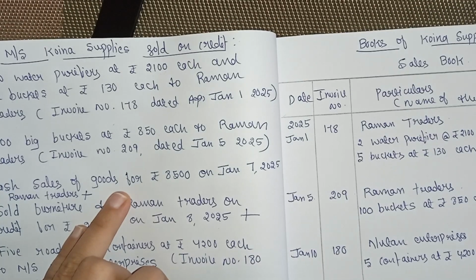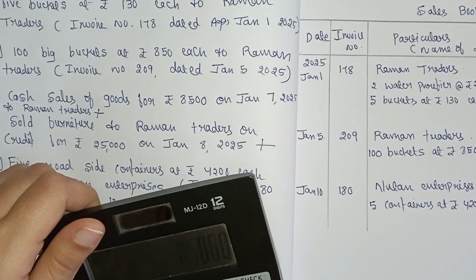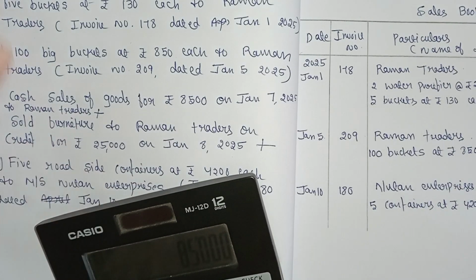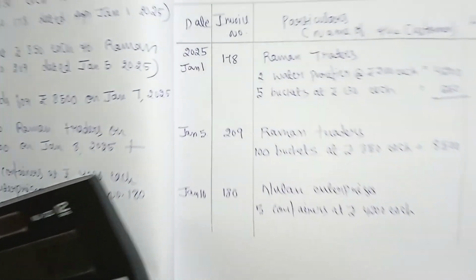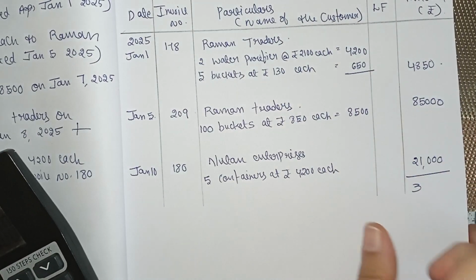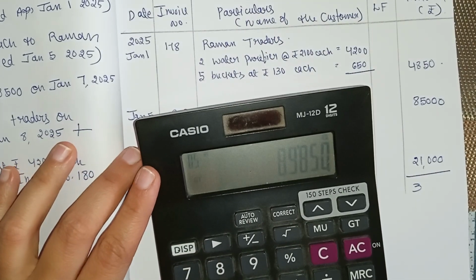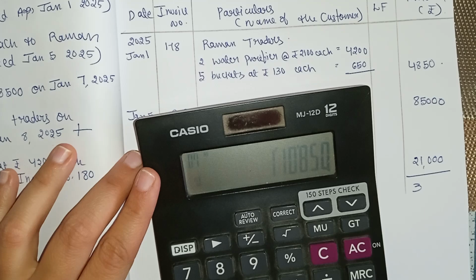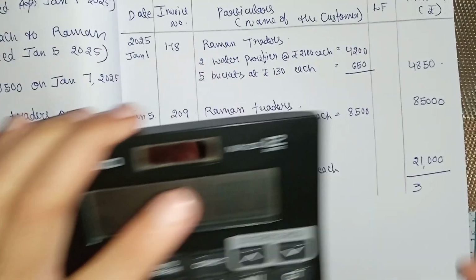100 buckets at rupees 850 each, that is rupees 85,000. So 85,000 plus 4,850 plus 21,000, that is rupees 1,10,850.